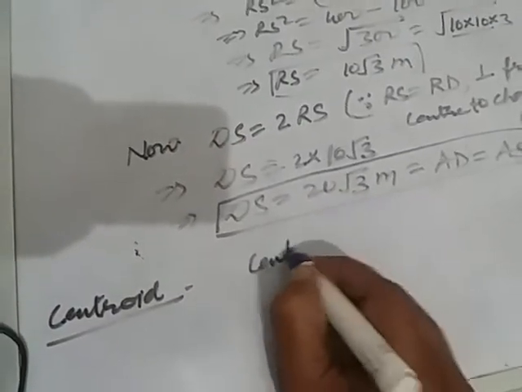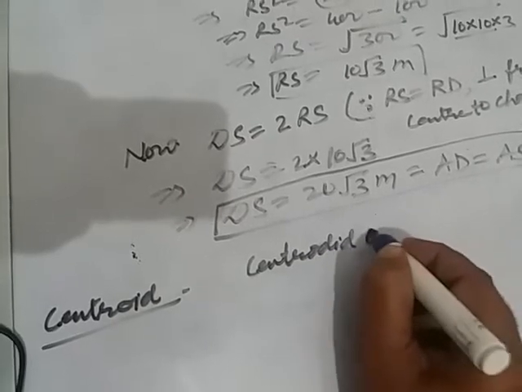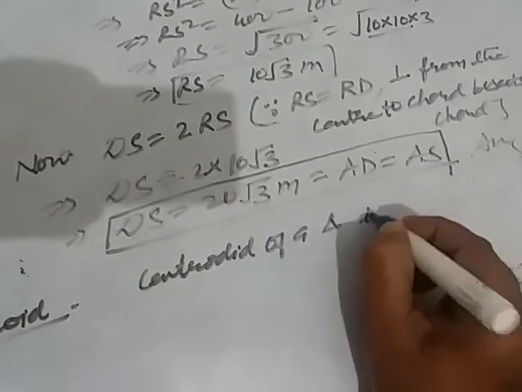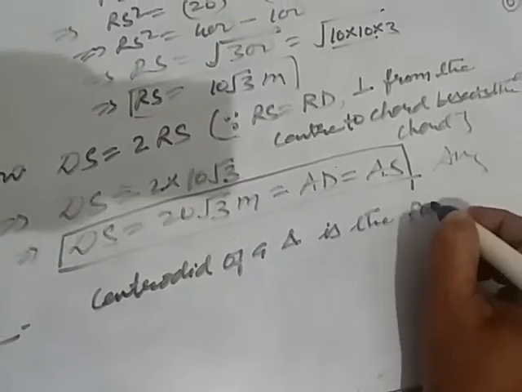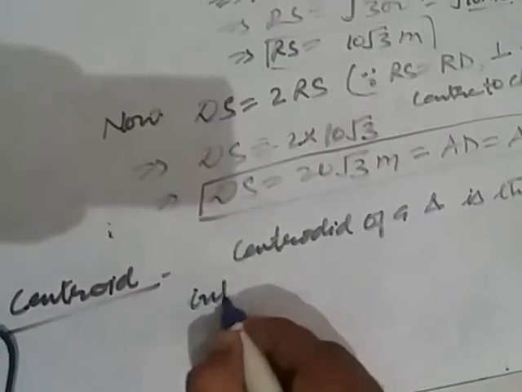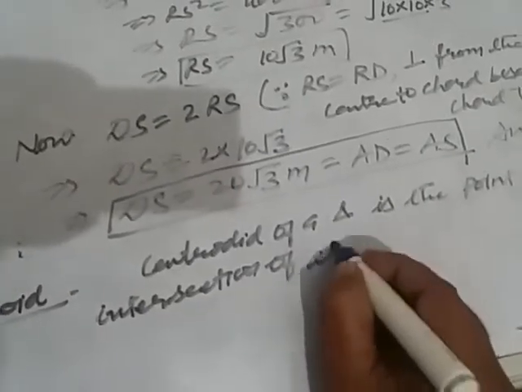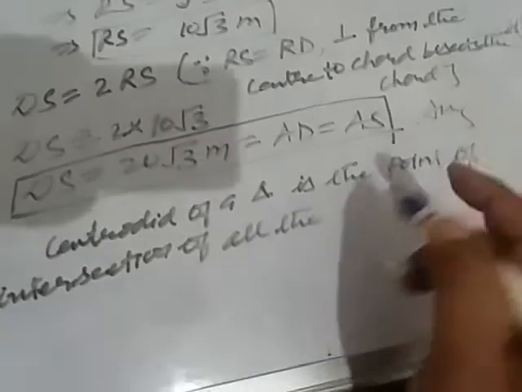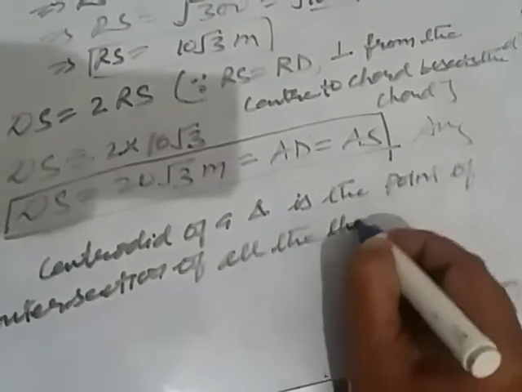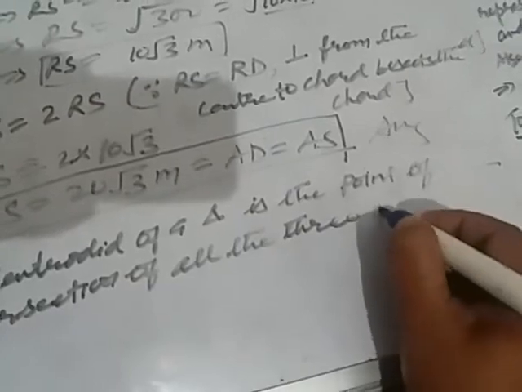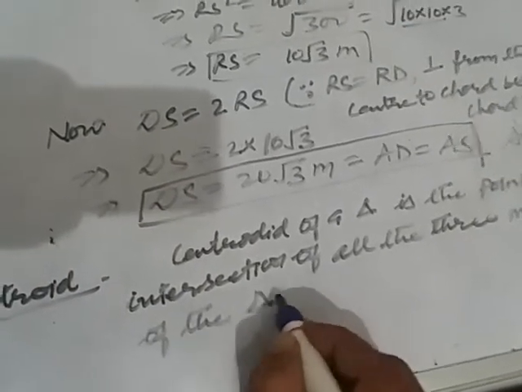See, the centroid of a triangle is the point of intersection of all the three medians of the triangle.